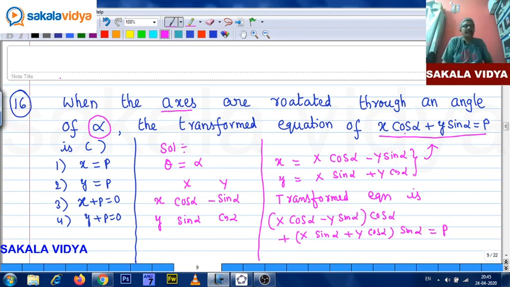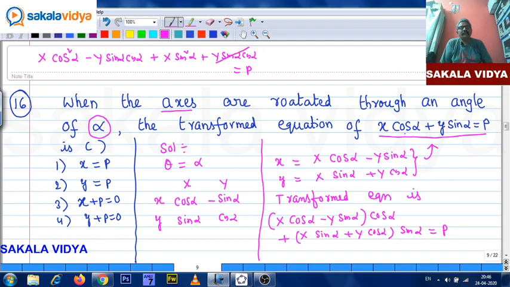So now we get cos alpha into X cos alpha, X cos square alpha, minus Y sin alpha into cos alpha, minus Y sin alpha cos alpha, plus we have capital X sin square alpha, X sin alpha into sin alpha, plus Y cos alpha into sin alpha, Y sin alpha cos alpha, equal to p.